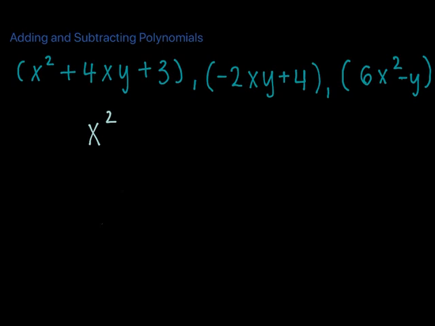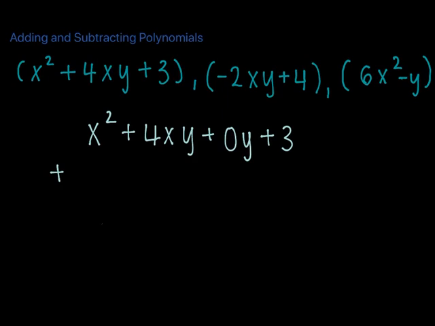So for the first example, I'm writing x squared plus 4xy, leaving a space for the y, because there is no just y variable in this polynomial, plus 3, and we're going to add the second polynomial.